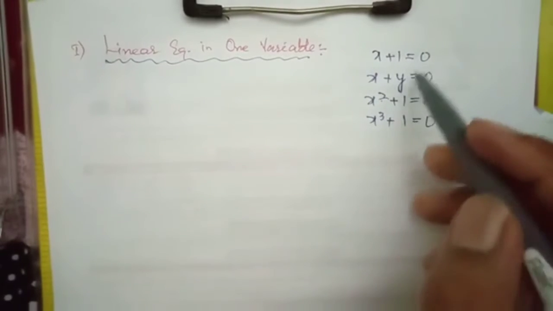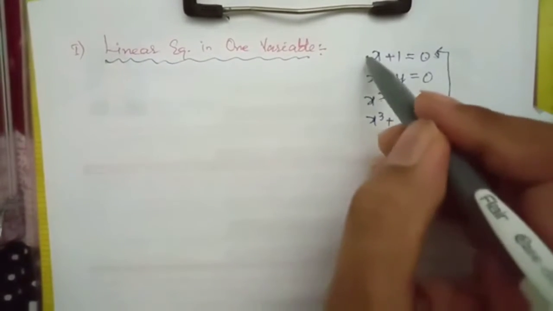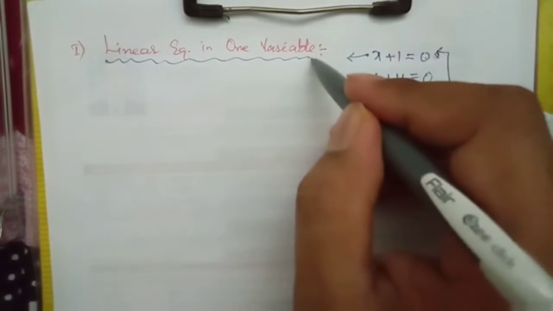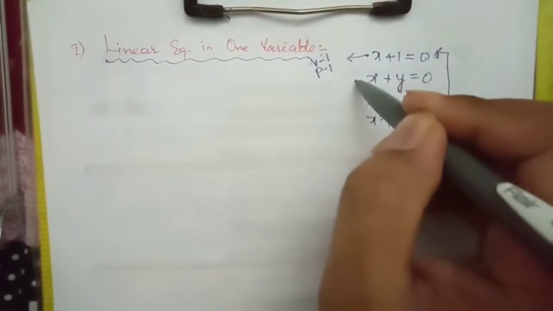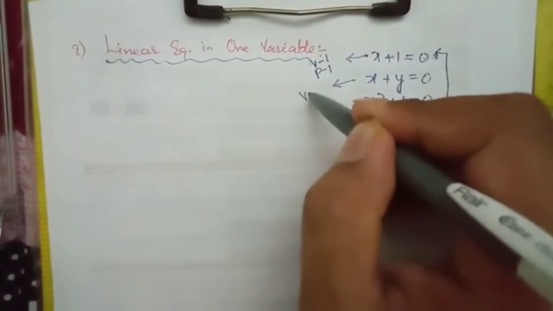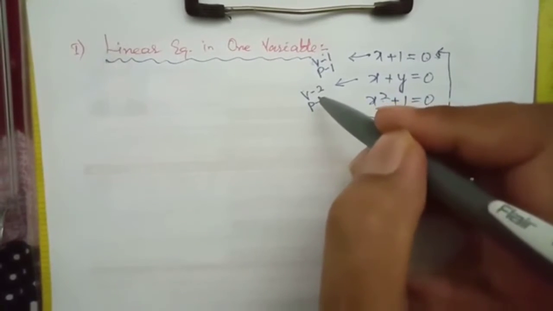I will write x cube plus 1 is equal to 0. See here, these are all equations. But in this equation, there is one variable and the power of the variable is 1. Here there are two variables and the power of each variable is 1.